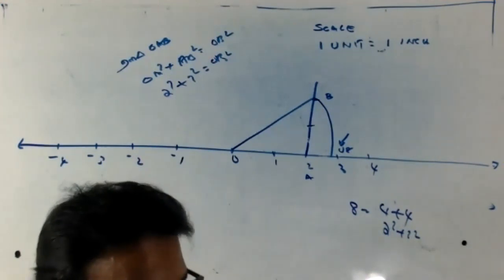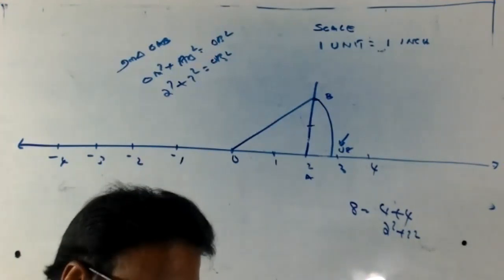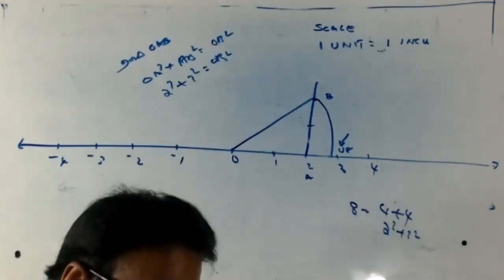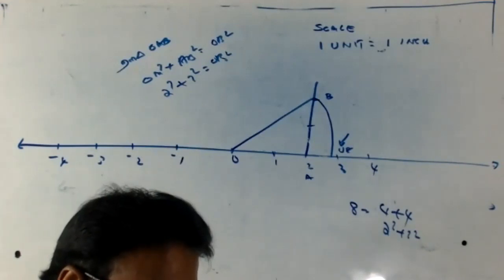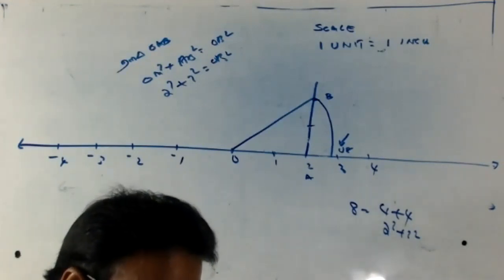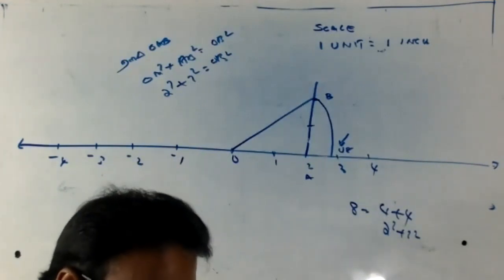Others also the same thing. You write OB equal to root 8. Okay. This one, I don't know the name. Priyansh. Okay. Correct. Namida. Okay. OB equal to root 8. Okay, correct. Okay, so far, I don't know the name.